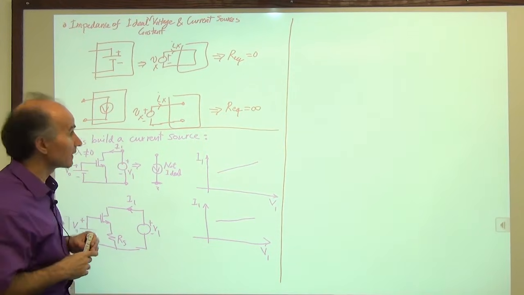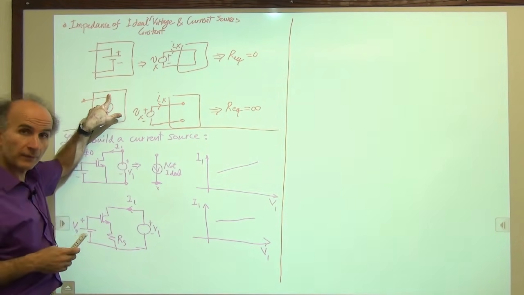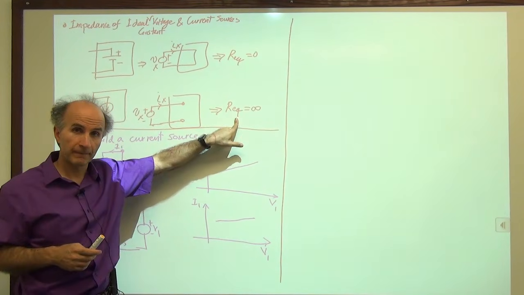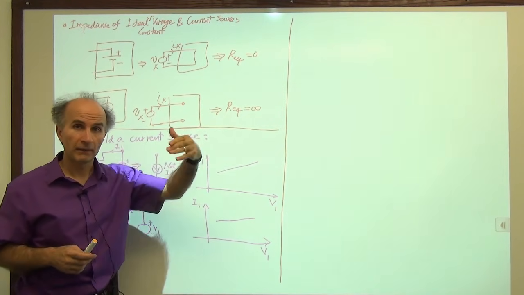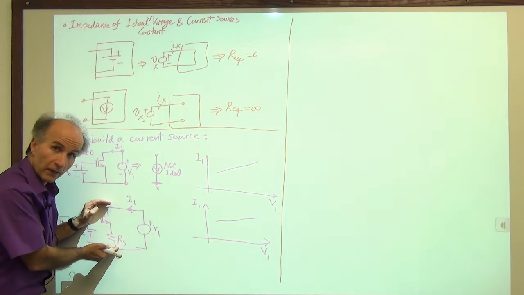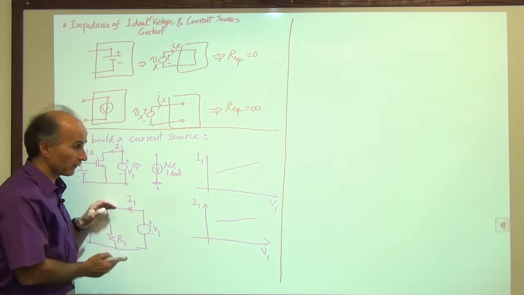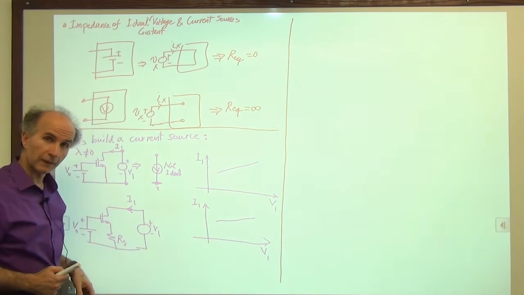Why? Because we just saw that if you have an ideal current source, its impedance is infinity. So the higher the impedance of a circuit that pretends to be a current source, the better that current source is, the closer to ideal it is, and therefore the more constant its current will be.